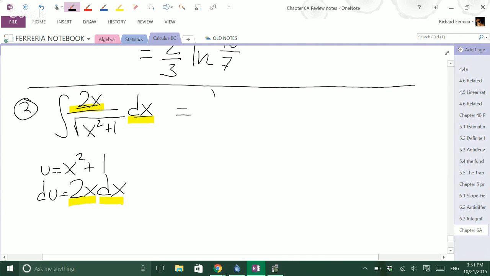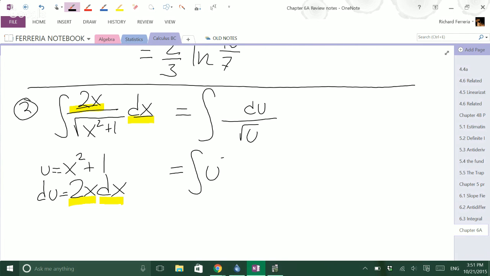Okay, antiderivative of, okay, all of that turns into a du. All the underlined yellow turns into du. This is now the square root of u, which is u to the negative 1/2 du, which integrates to 2 u to the 1/2 plus constant.